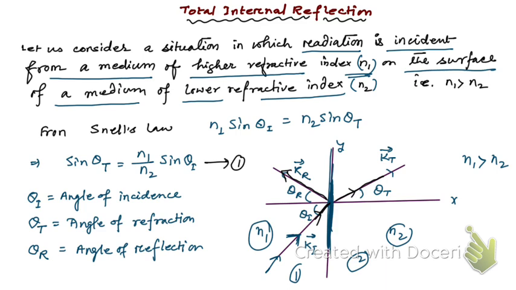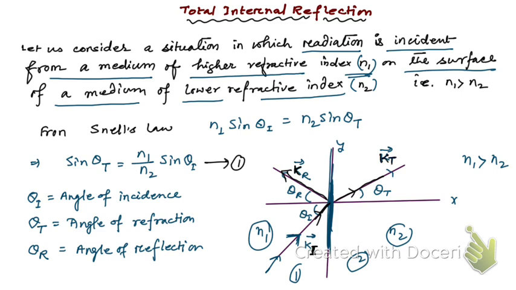So here this Ki means the propagation constant of the wave vector for the incident wave, and this is the same for the reflected wave, and this is for the transmitted wave.